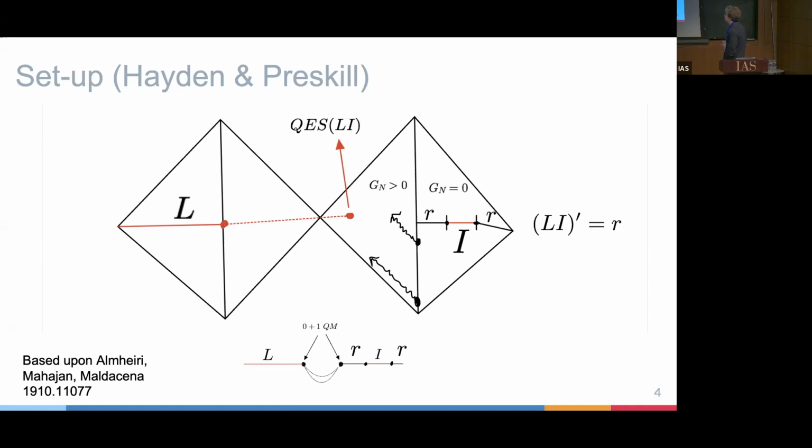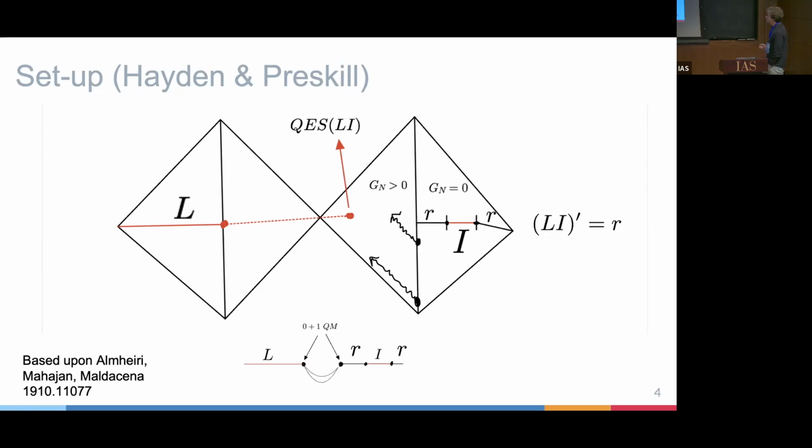So you have an AdS2 black hole, and the matter is some theory; in our case, we'll consider a 1+1 dimensional CFT. The matter can propagate freely through the boundaries and into these non-gravitating baths. These baths are just flat space.